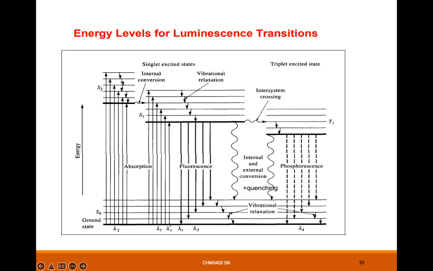But what happens if the electron decides not to go straight away to the ground state? Well, the electron can do that. You can see that this is electronic excited state number 2, which is higher energy. It can jump to electronic states with lower energy, and it goes down slowly.